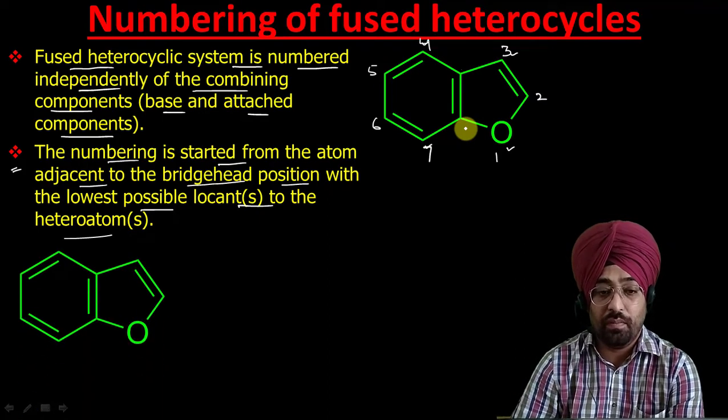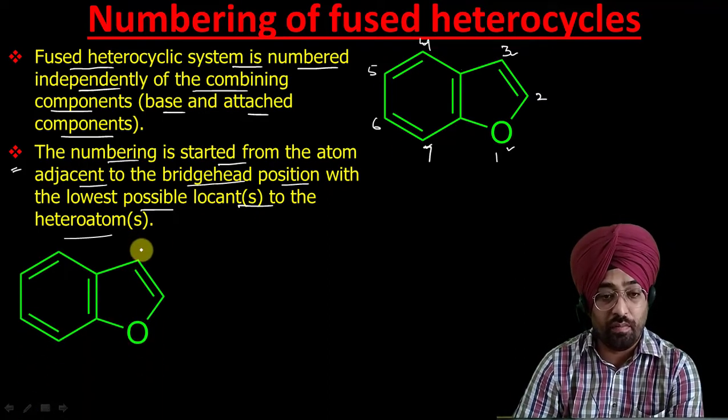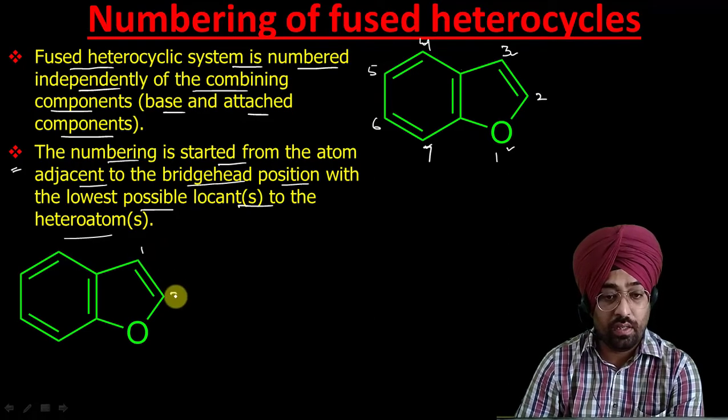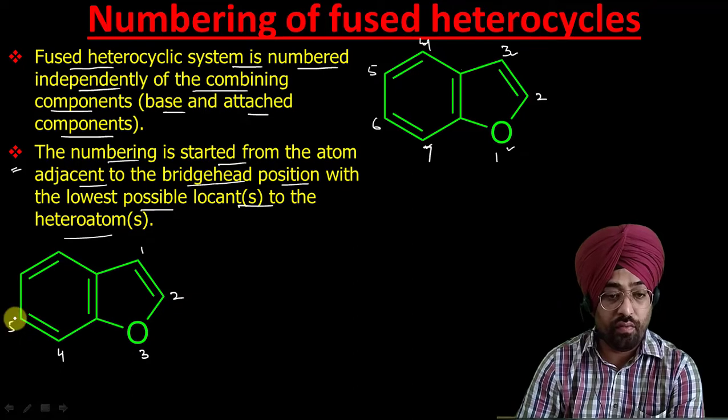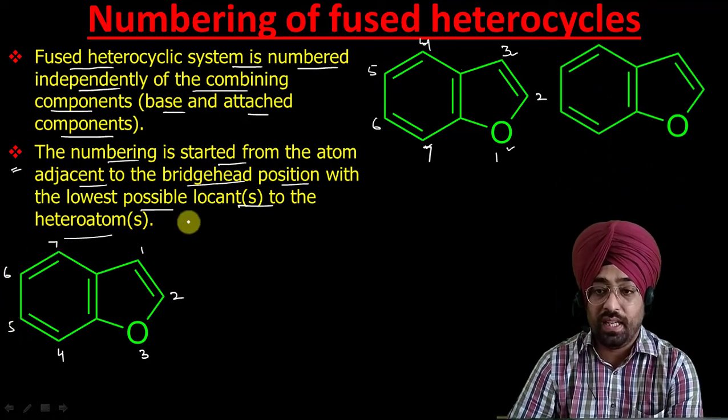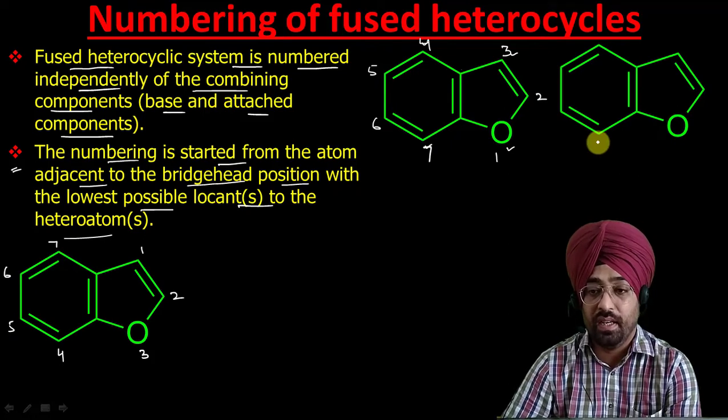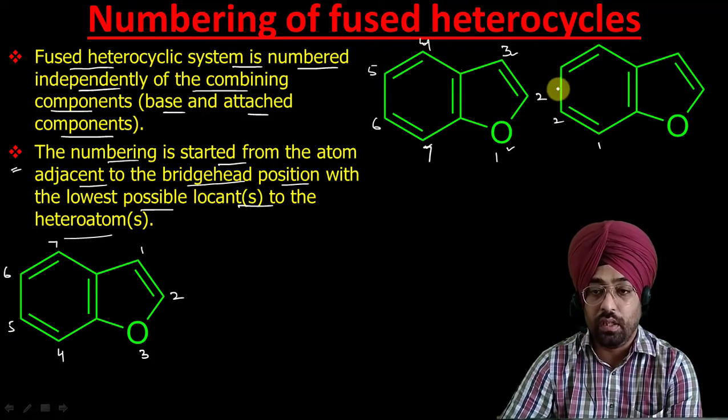What can be another possibility? Another possibility is we can start from here 1, 2, 3, 4, 5, 6 and 7. Another possibility is we can start from here 1, 2, 3, 4, 5, 6, 7.